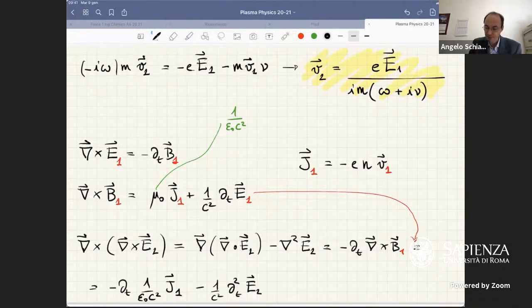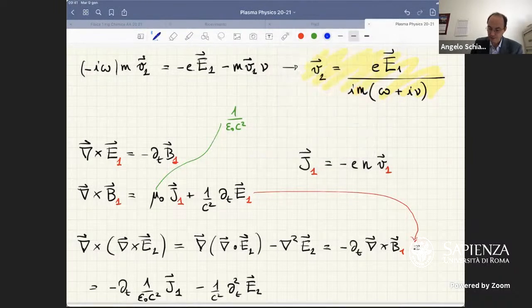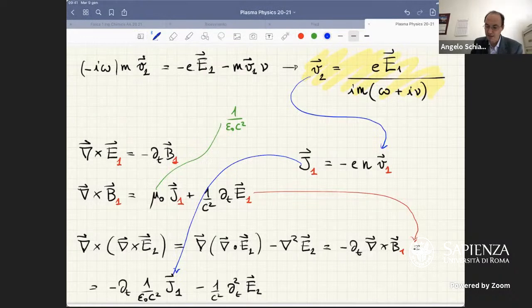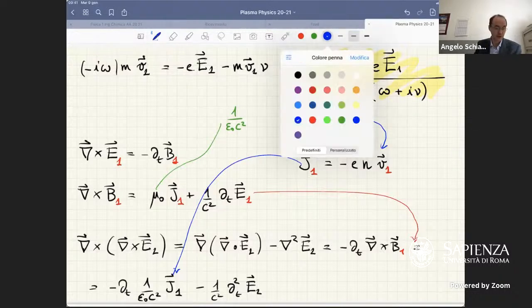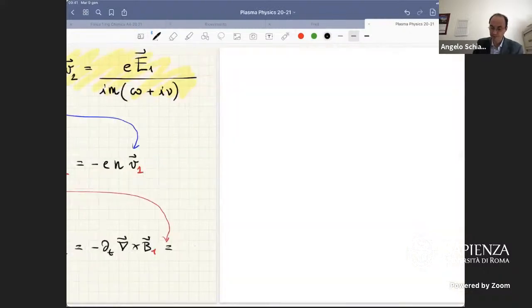Okay, now what we do is take this one here, we plug in here, and then we plug this into our equation. And what we end up with is, okay, let's translate this into the complex notation.